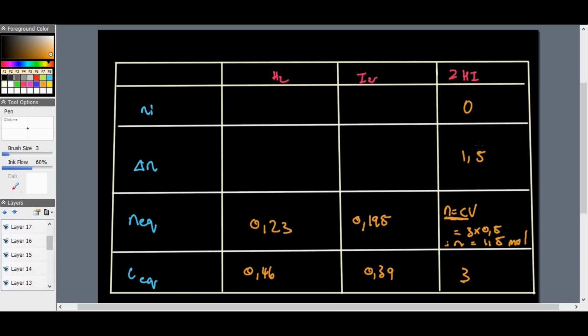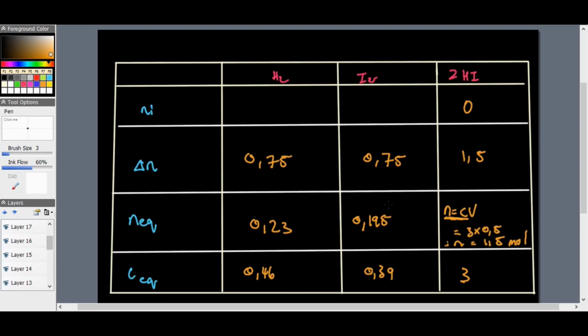So the change in moles, if I've got 1.5 moles here, which is the same as my equilibrium moles, I can use my mole ratio to figure out what these 2 numbers are going to be. So this is the mole ratio of 2:1:1, so half of this is 0.75, and that's 0.75, so I just used my ratio.